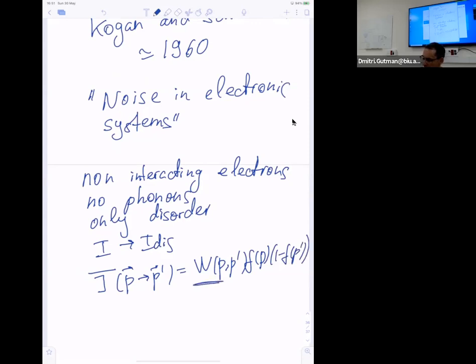And this is the same W that stands in the collision integral. The entire thing is essentially the incoming part of the collision integral. The collision integral is built of the same blocks as the Langevin source.